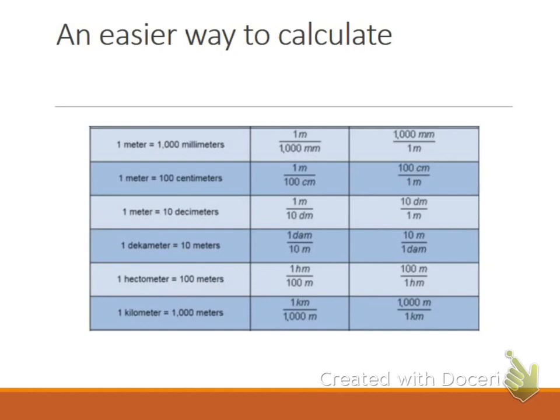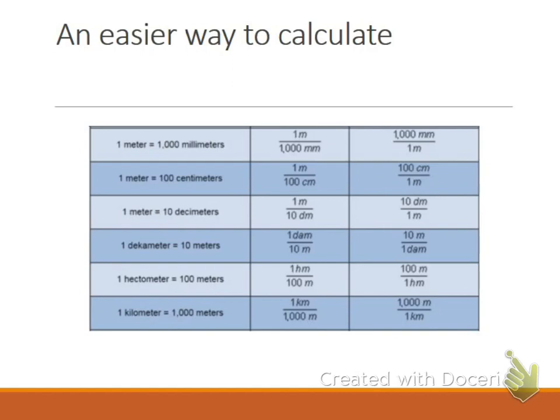So we're going to use these as conversion factors, okay? And a conversion factor is something you use to convert one unit to another unit. For instance, if I ask you how many feet are in 82 inches, what would you do? You would use what as your conversion factor? 12 inches in a foot. That's a conversion factor, okay?